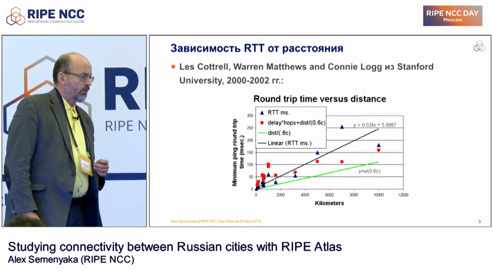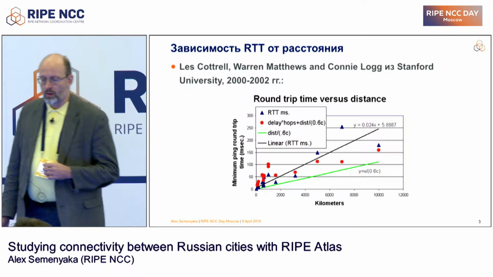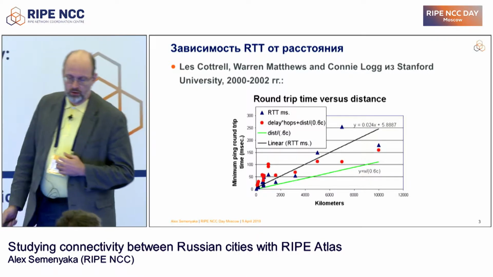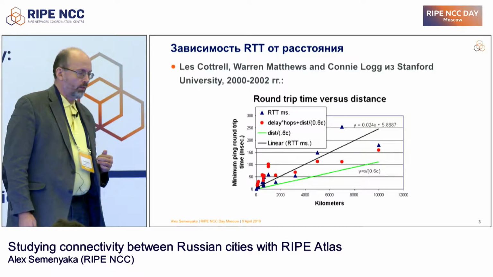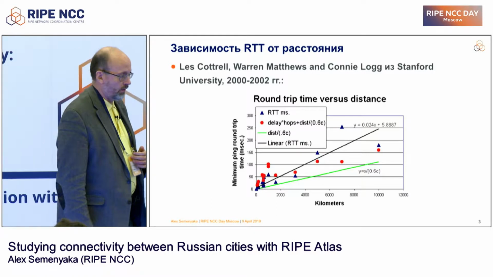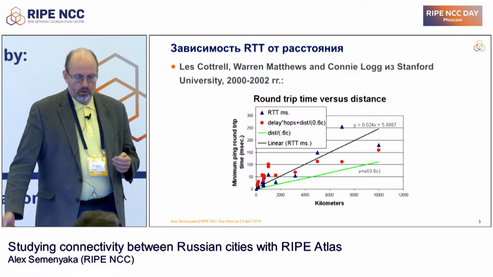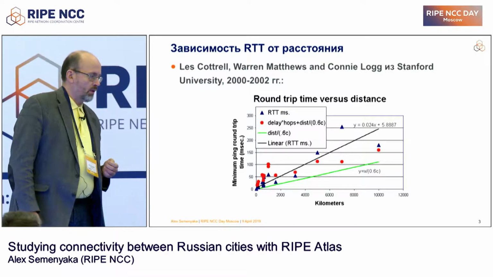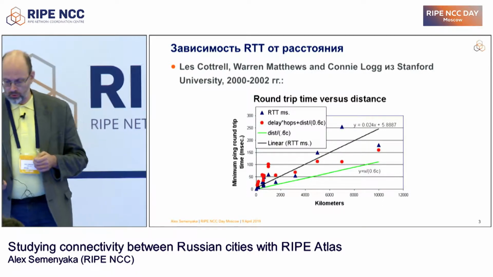The most famous research on this topic is from Stanford University. They measured RTT depending on the distance. They built charts like this. They used a linear formula that explains how round-trip time depends on the distance.